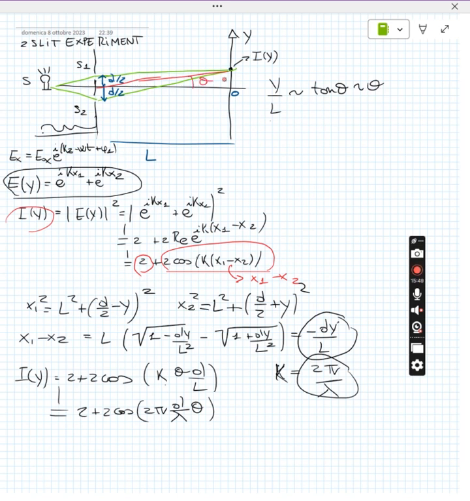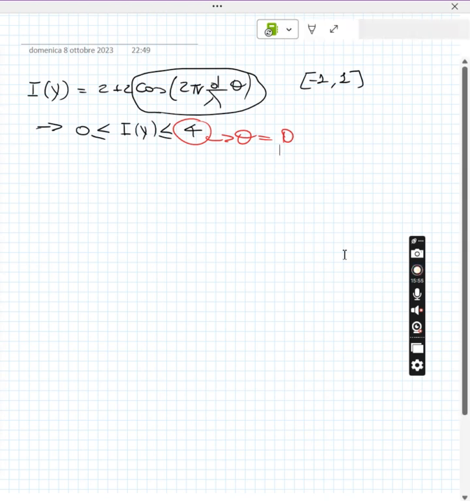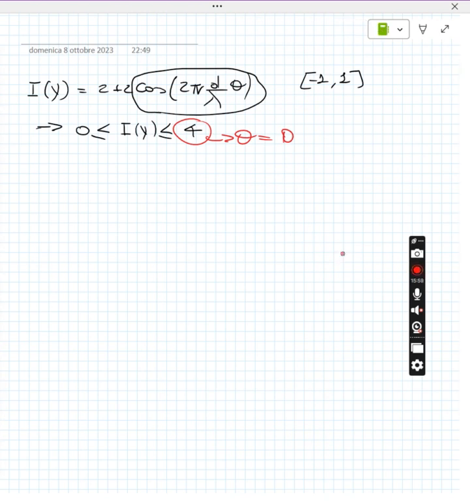You get theta equals 0 at the center, okay. And yes, here we have constructive interference.